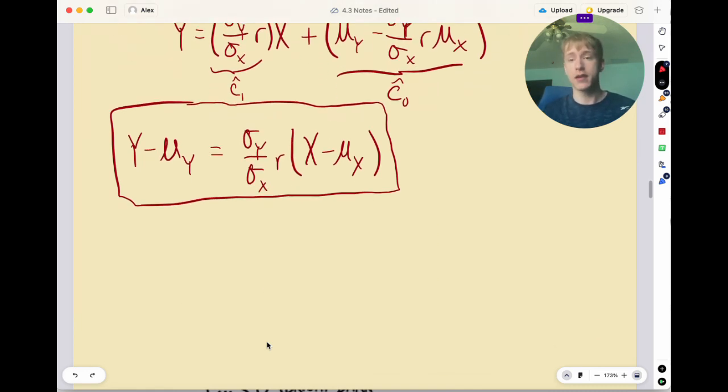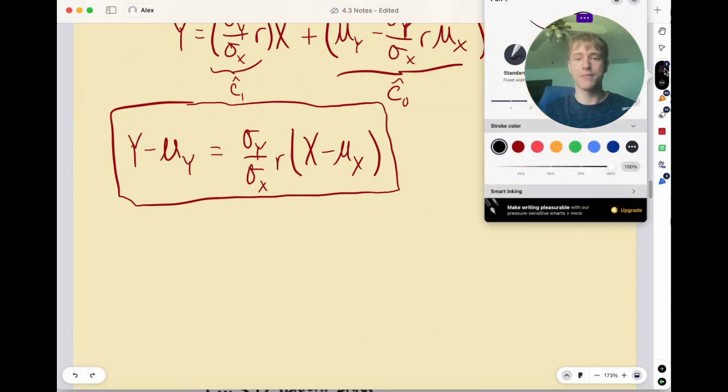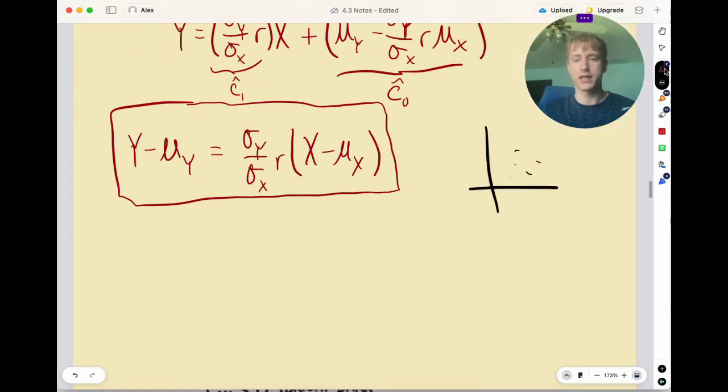But here's the thing. Linear regression says that points can do something like this, or they could do something like this. So my question to you is, slope should be positive or negative.